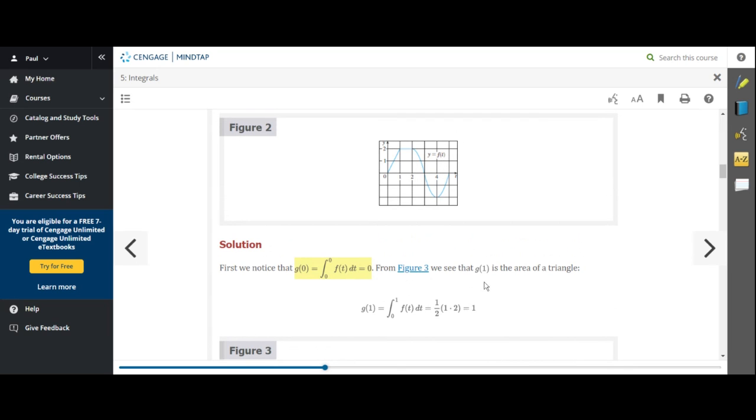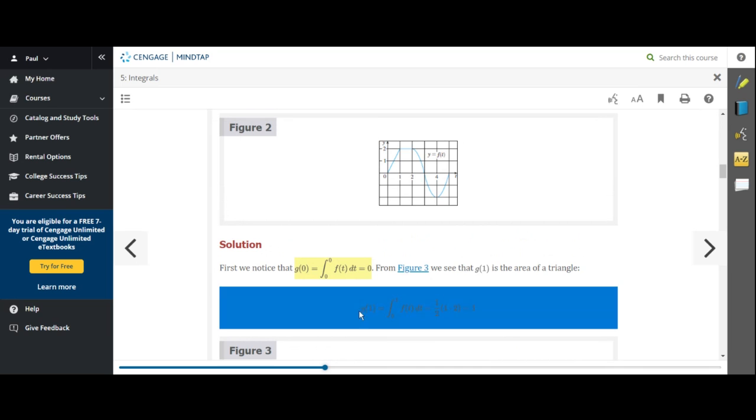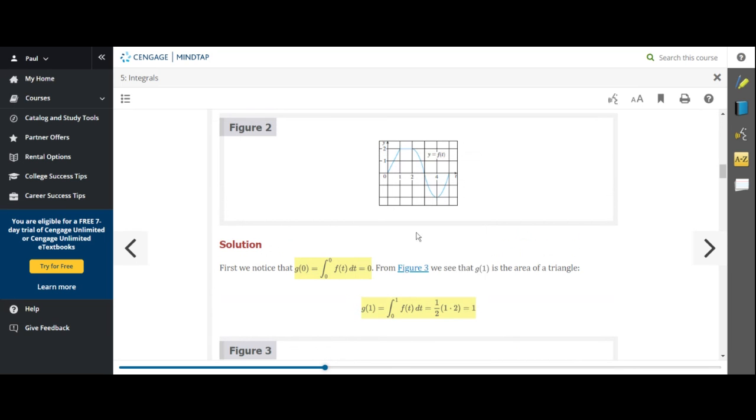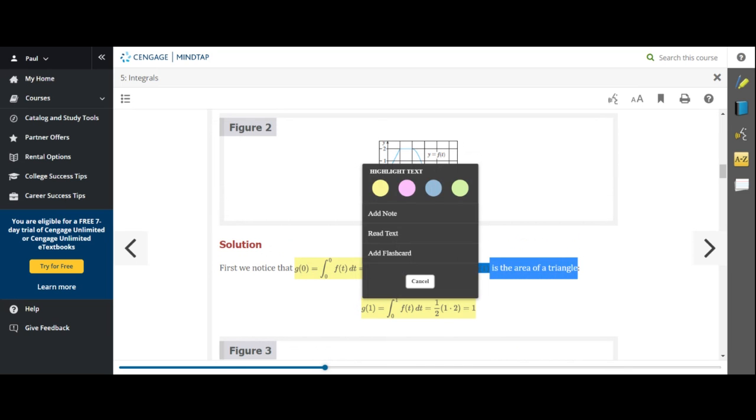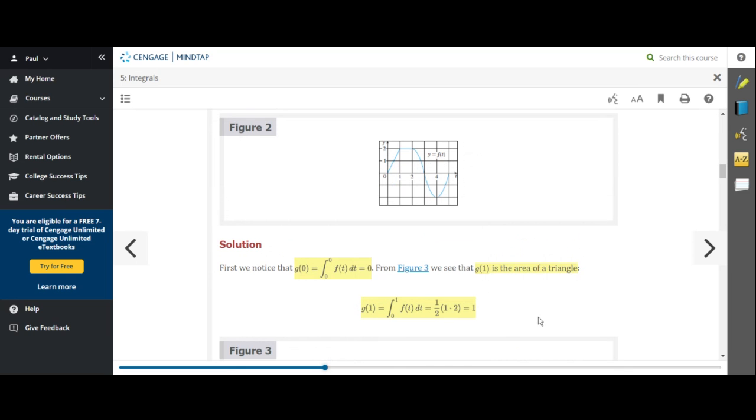Then they talk about g of 1, and they're saying g of 1 is the area of a triangle. If you look in figure 2 from 0 to 1, the area under the function f of t is a triangle.